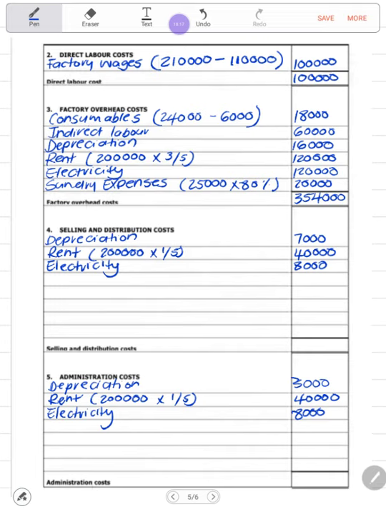Now we're moving on to your sundry expenses. Remember that it was worth 25,000, but then you had to calculate the percentage of 15%, and then your admin would have been 25 times the 5%. If we tally that up, there should be 3,750, and for the admin it would be 1,250.